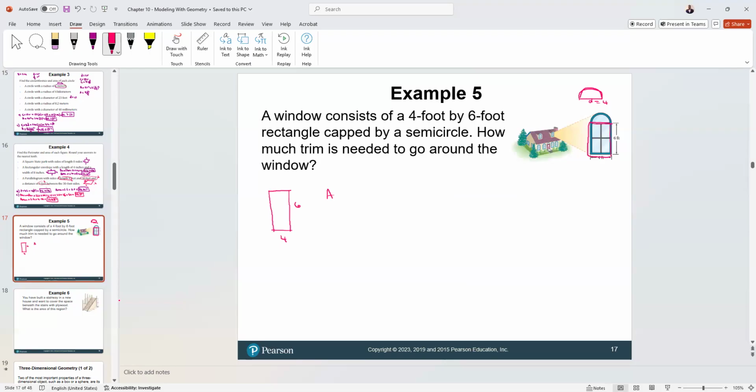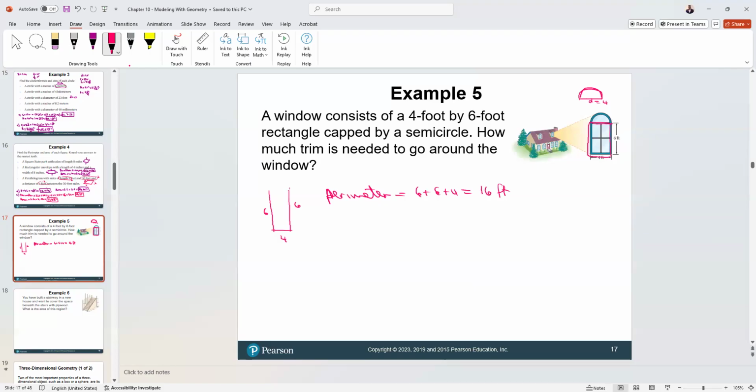In this case, don't pay attention to the top part, because you're going to put the semicircle there. So the perimeter: the three straight edges have a total length of 6 plus 6 plus 4, that makes 16 feet, because we're going around.